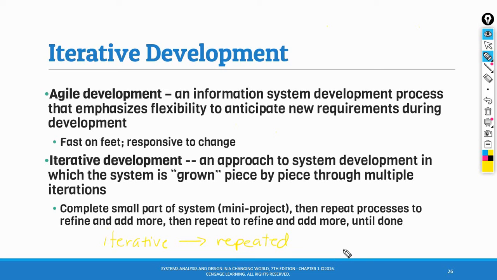In other words, there is one big project which consists of a series of mini projects, and the system is grown piece by piece during these mini projects. Iterative development makes agile development possible.